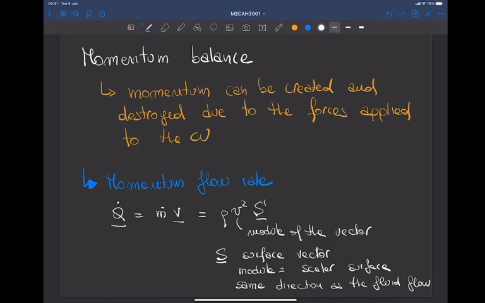Okay, so nothing very special. What is important here to remember is that this is a vectorial equation. So Q dot, which is our momentum flow rate, is a vectorial quantity. It's the product of the mass flow rate times the velocity vector, or rho V squared times the surface vector. Okay, this is for the momentum flow rate.